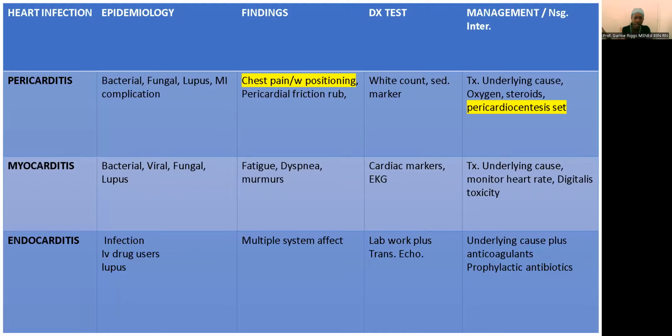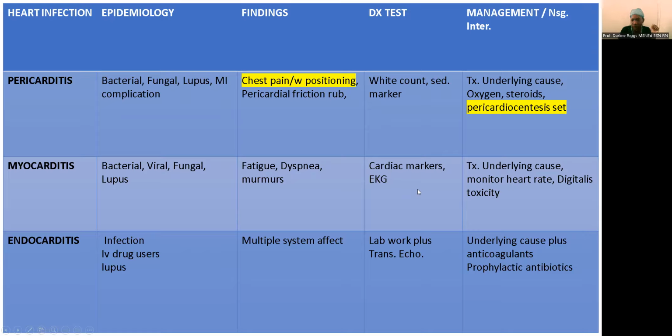So that's pericarditis. Now, myo is the muscle, right? So there's an inflammation in the muscle of the heart. Could be viral, fungal, bacterial. Causes them to be very tired. They're out of breath. Lots of murmurs with those. We're going to pull the cardiac markers, put them on the EKG.